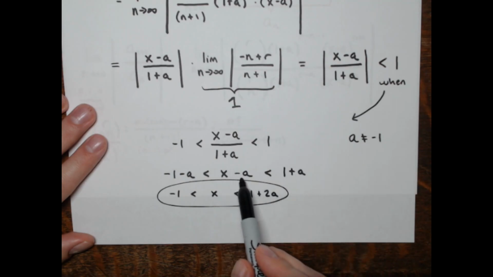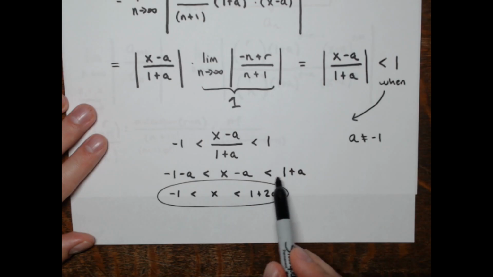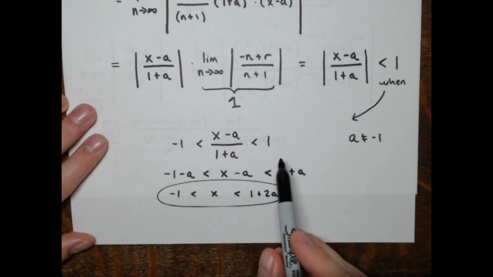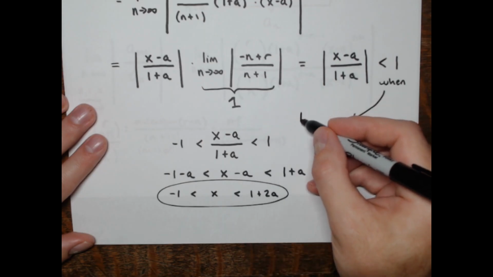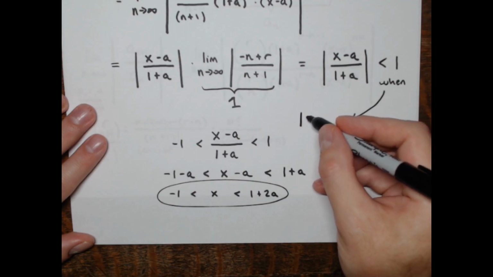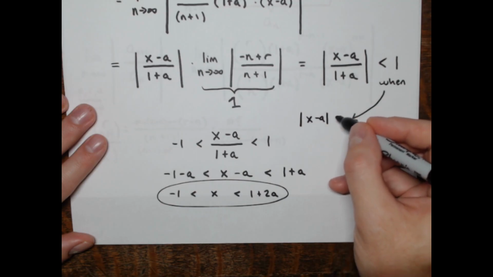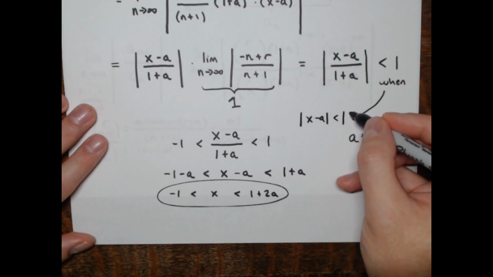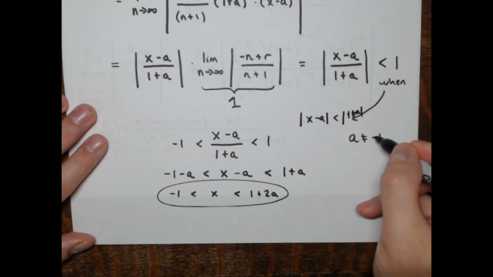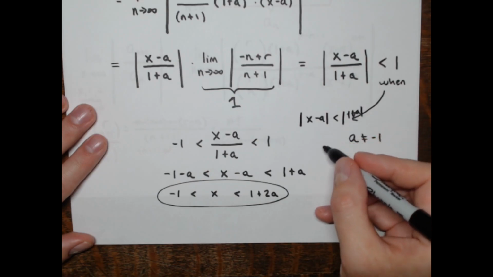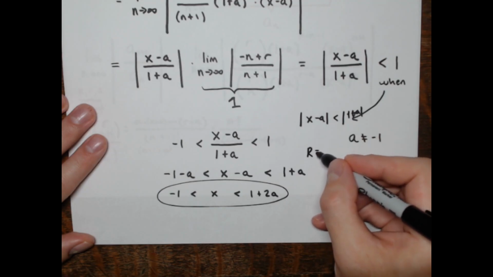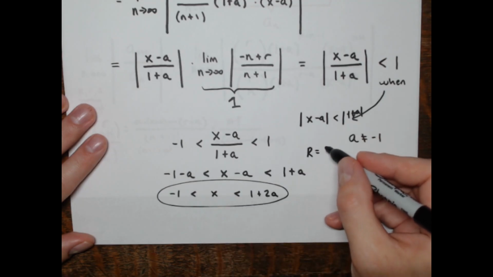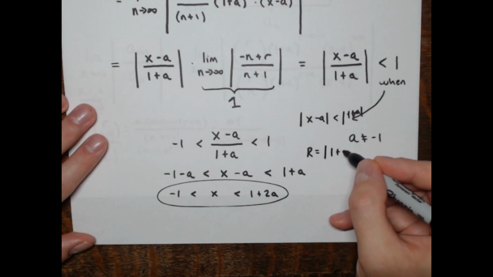But the center of this should be at a, right? So the absolute value of x minus a we see is less than the absolute value of 1 plus a, again, as long as a is not negative 1. Sorry about the clutter there. So my radius of convergence is the absolute value of 1 plus a.